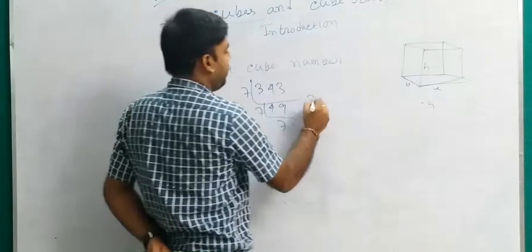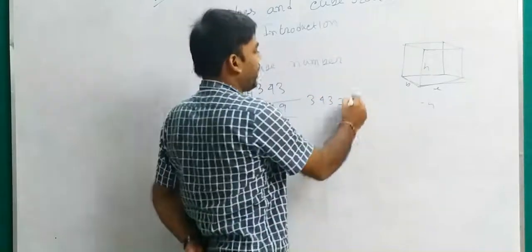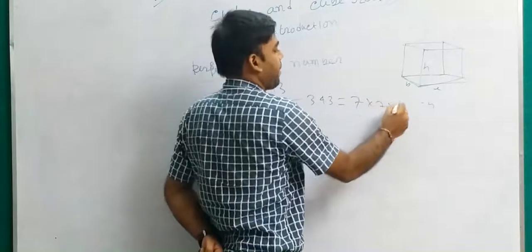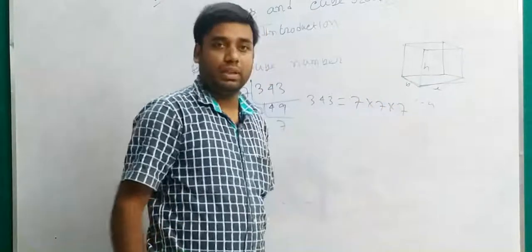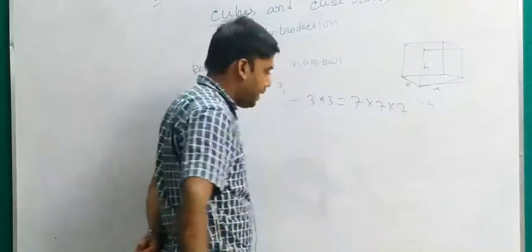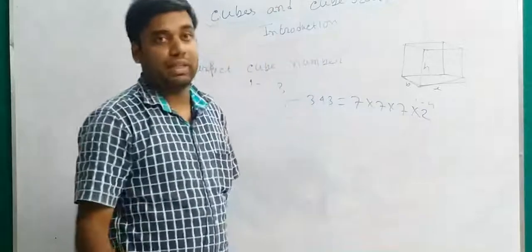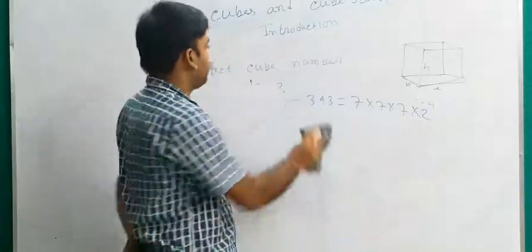Yes, 343 can be expressed as the product of three 7's, so 343 is a perfect cube number. If any other number occurs, then it is not a perfect cube number.